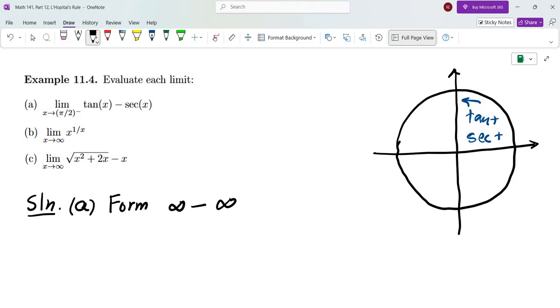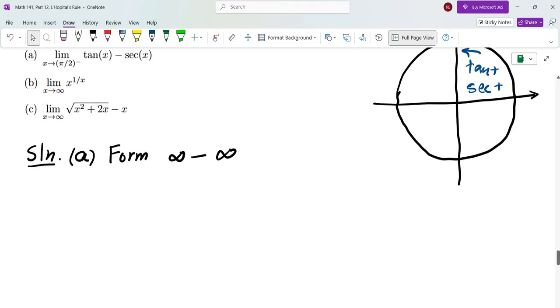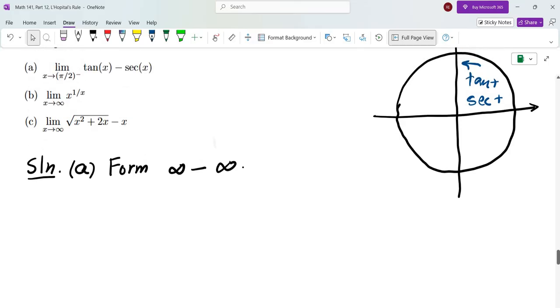Secant is 1 over cosine, and cosine also approaches 0. So this is infinity minus infinity. That is also one of the indeterminate forms. So the way to handle indeterminate forms of the form infinity minus infinity is to do algebraic manipulations. So let's try that. Let's write down everything in terms of sine and cosine.